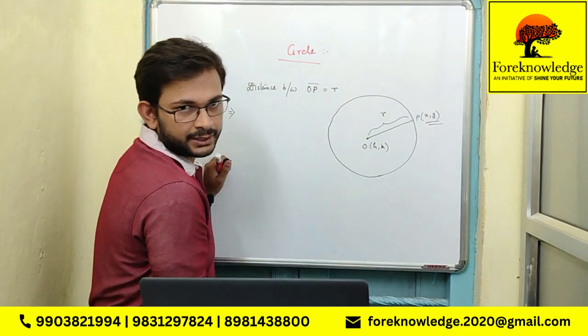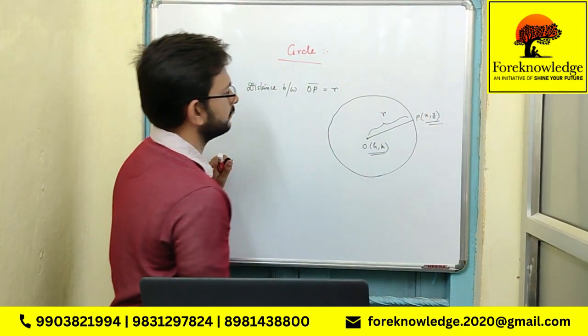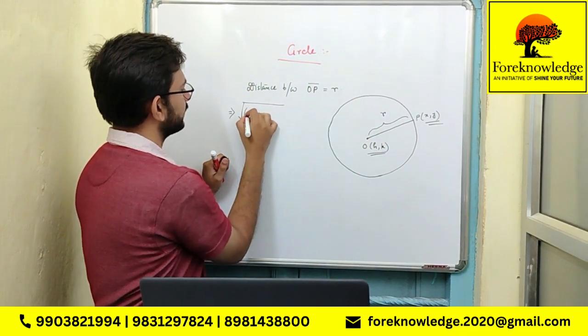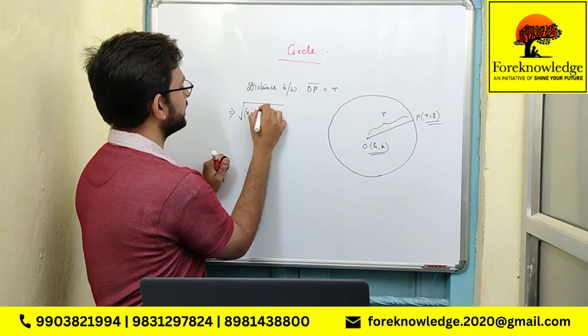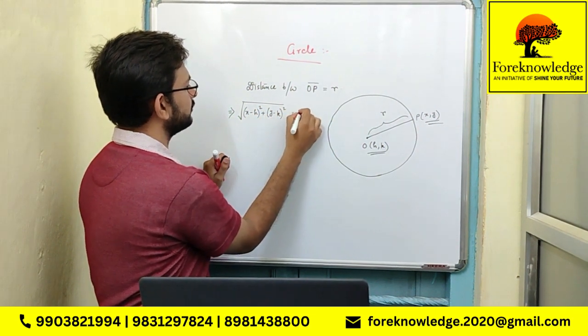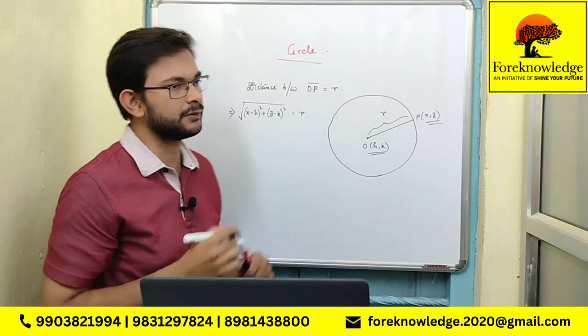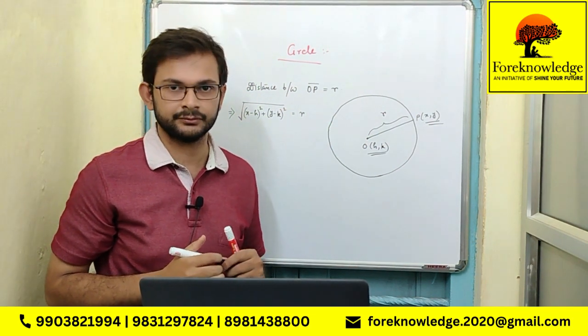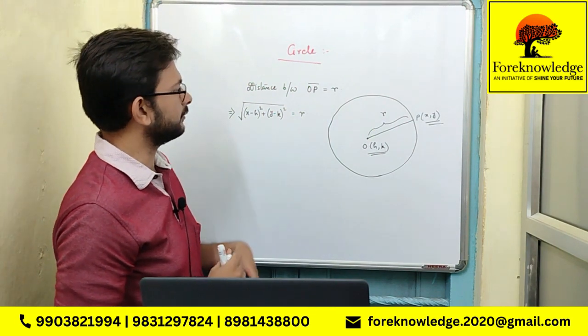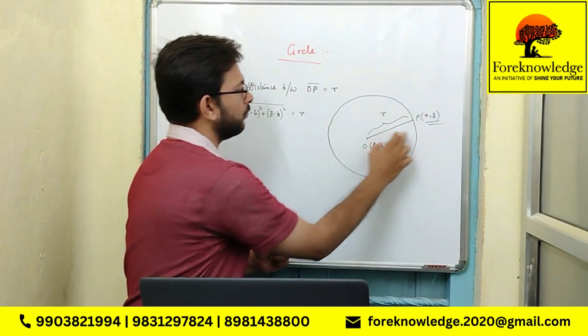The coordinates of P are x, y and of O are h, k. So by the distance formula, the square root of x minus h whole square plus y minus k whole square equals R. This is the distance formula that you have studied in class 10 and also in 11. This is the distance between O and P.